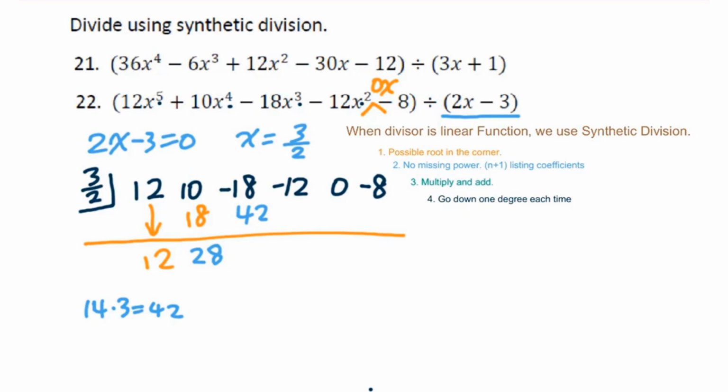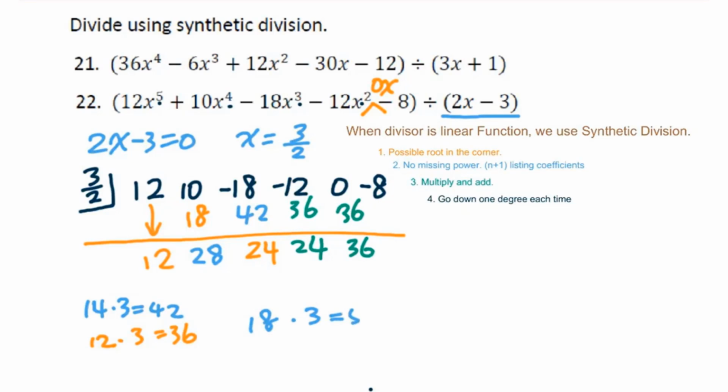Then we get 24. 24 divided by 2 is 12, times 3, that is 36. So we got 36. Then we got 24 again. So 36 again. 36 divided by 2, that is 18, times 3. You will get 54. Adding, you got 46.